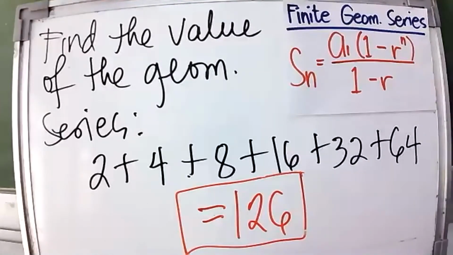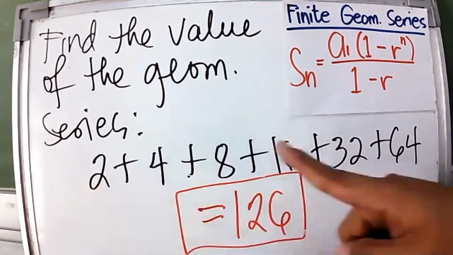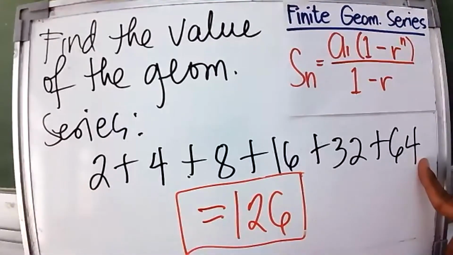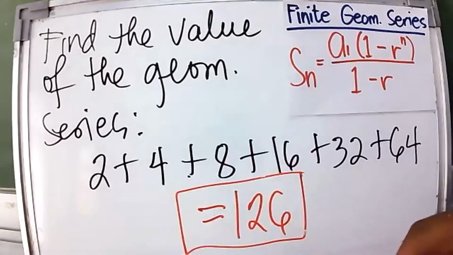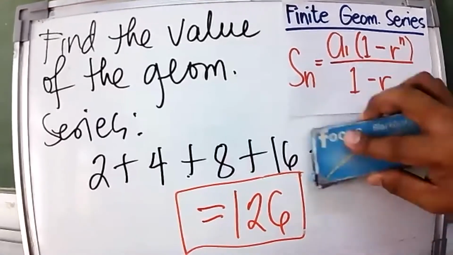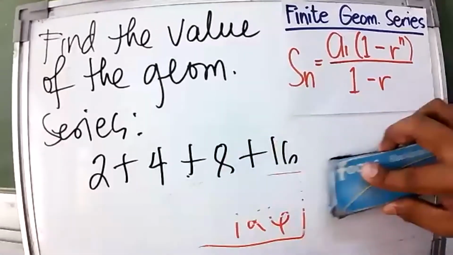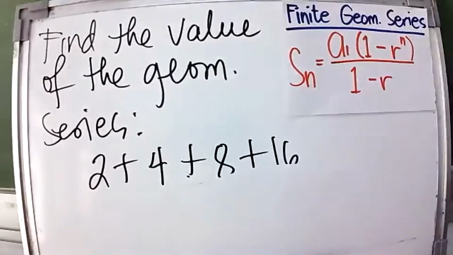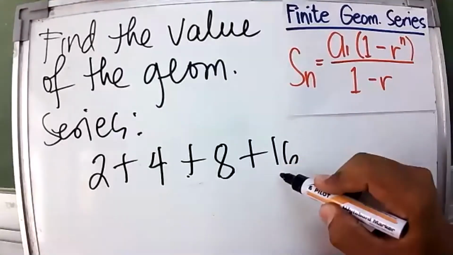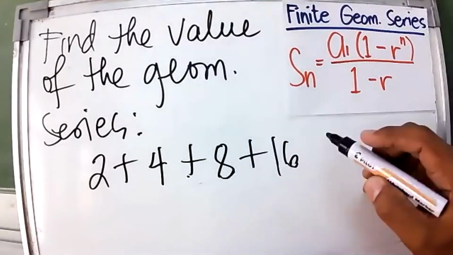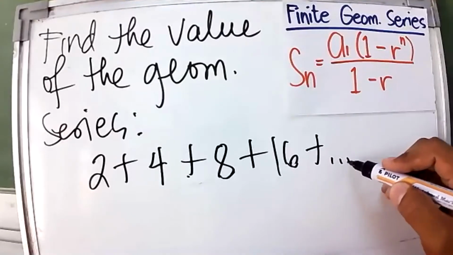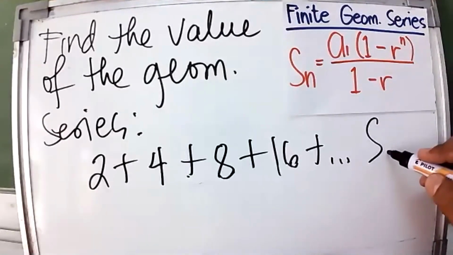Okay, now there are instances that the given are not as simple as this, but we are given a series. For example, we have here 2 plus 4 plus 8 plus 16 plus, and so on, S sub 20.